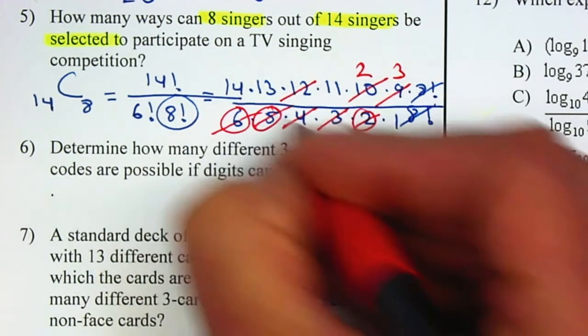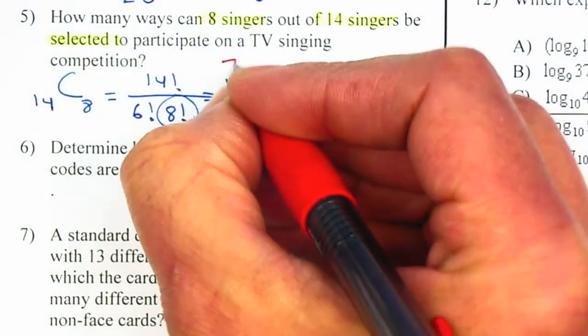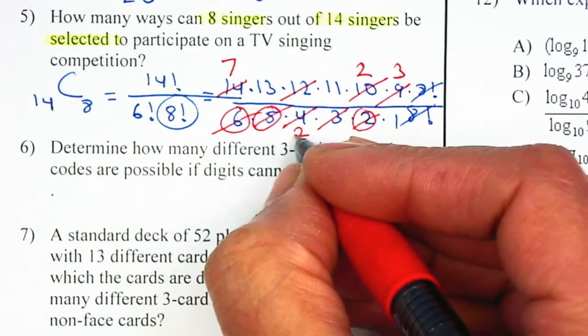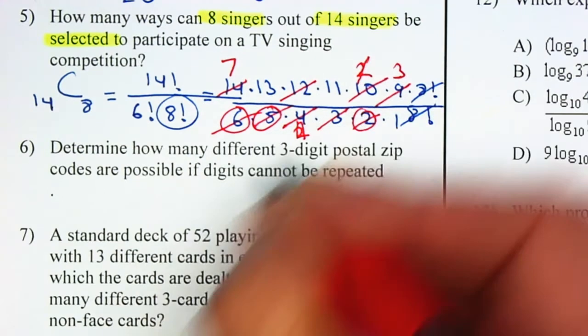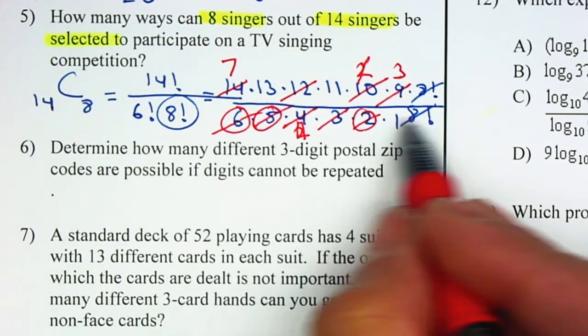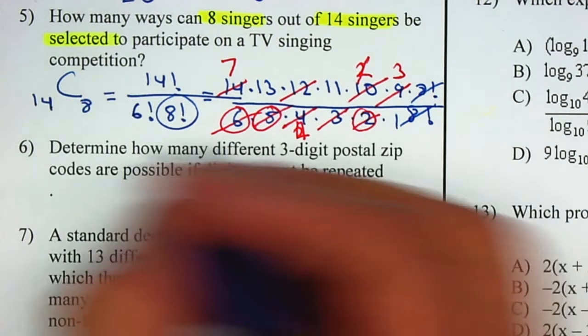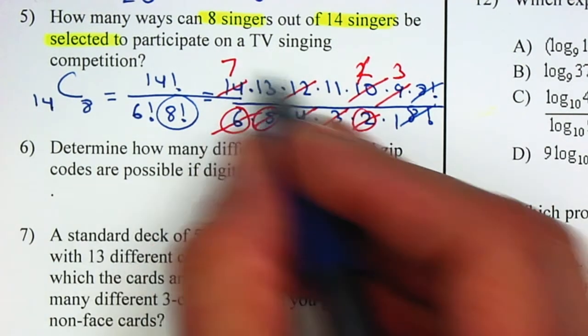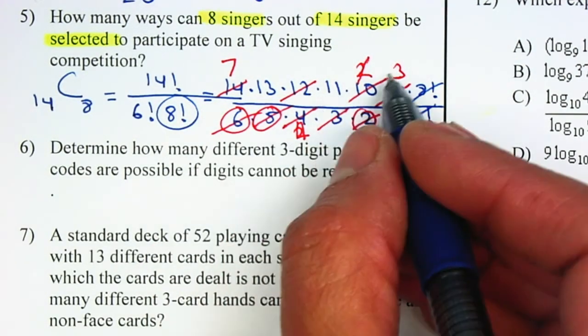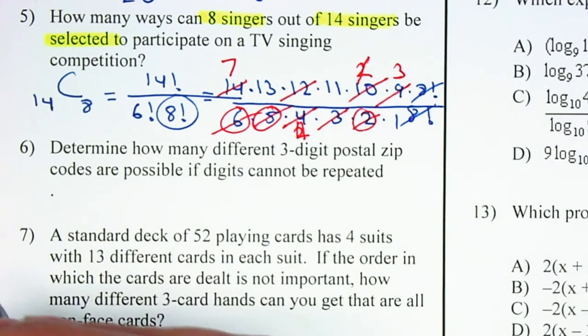The 4 becomes a 2, reduce it with a 14. And the 2 cancels with the 2. Notice that all the denominators should be cancelled. So now we just have 7 times 11 times 13 times 3.